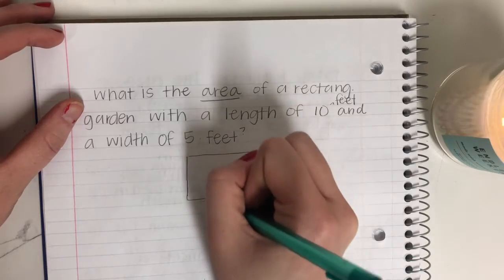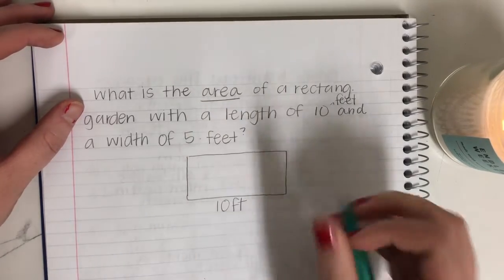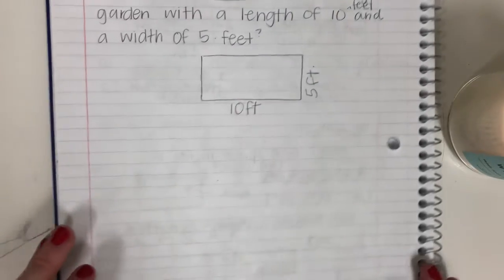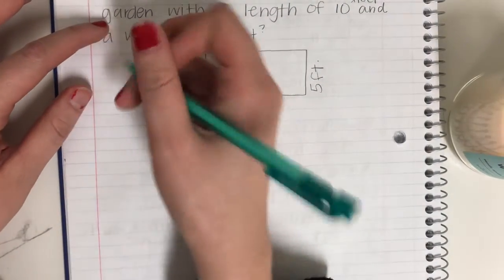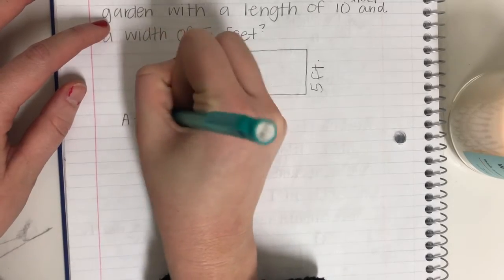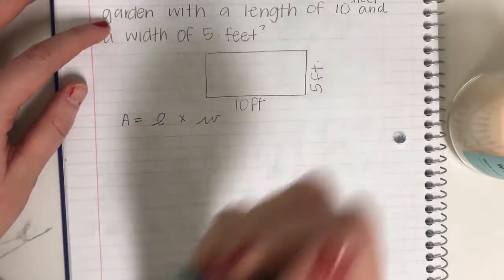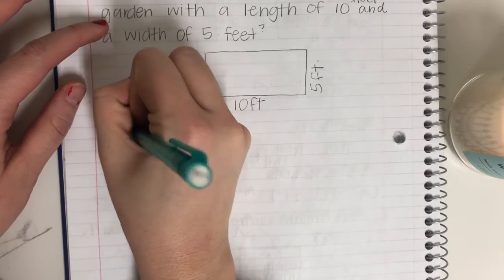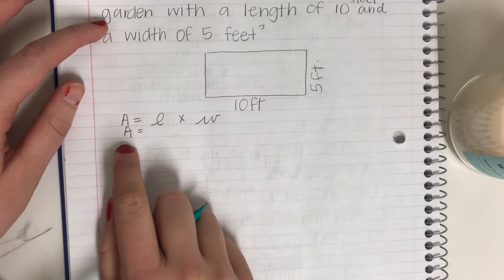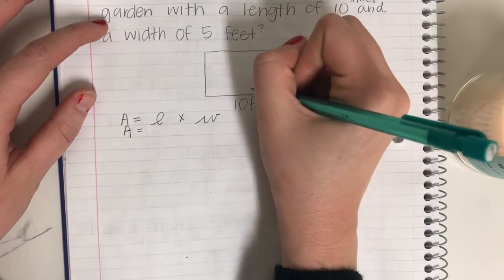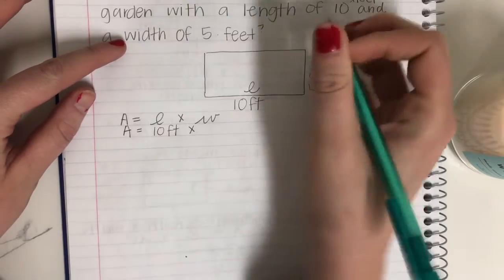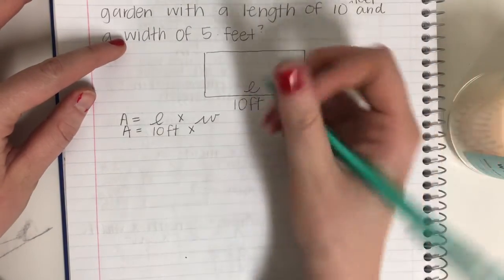So how long is it? It's 10 feet long and it's 5 feet wide. Okay, step 1 is to write our formula. Our formula for finding area is A equals length times width. Step 2 is to fill in our known information and solve. So A is still unknown, so I'm going to keep it with A because I don't know that yet. So A equals, well, my length is 10 feet, so 10 feet times my width is 5 feet.